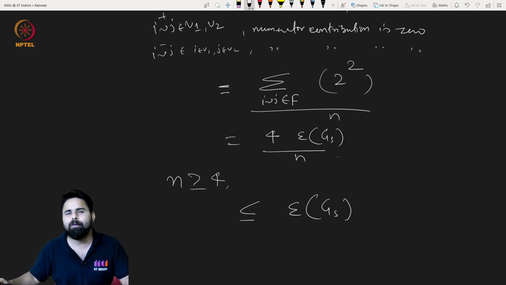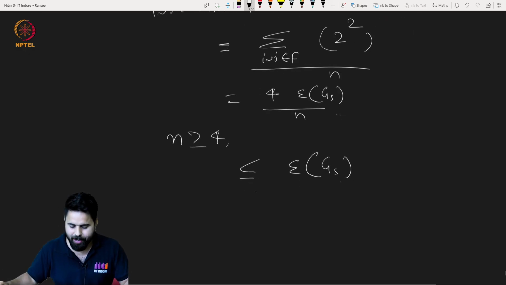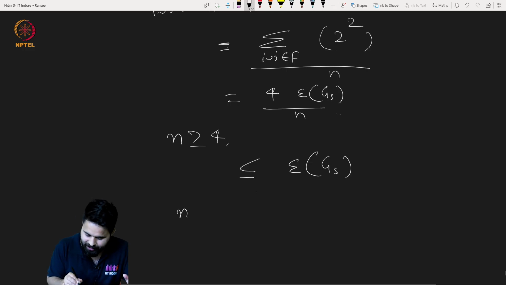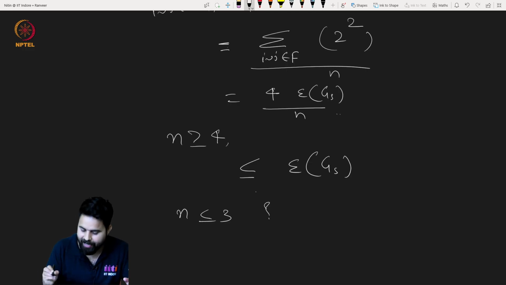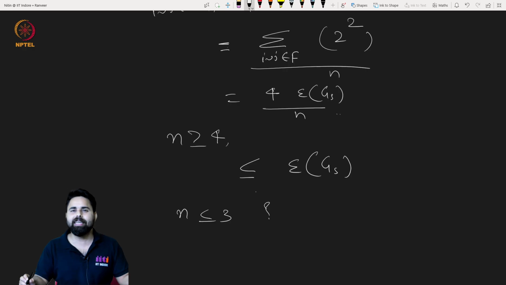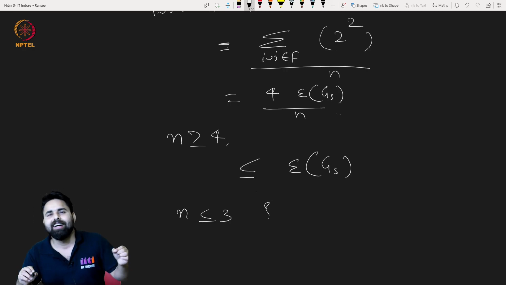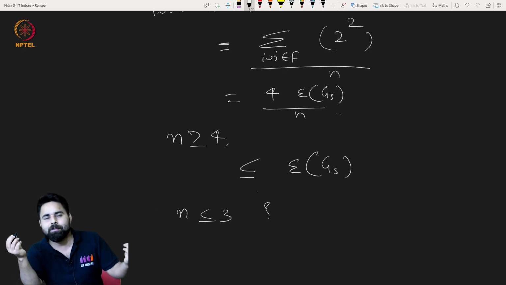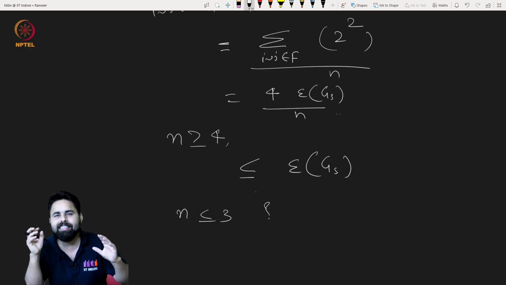Very good. This result is proven for n greater than or equal to 4. But what about n less than or equal to 3? If you see carefully, the graph is on at most 3 nodes, so either there will be one negative edge or 3 negative edges.